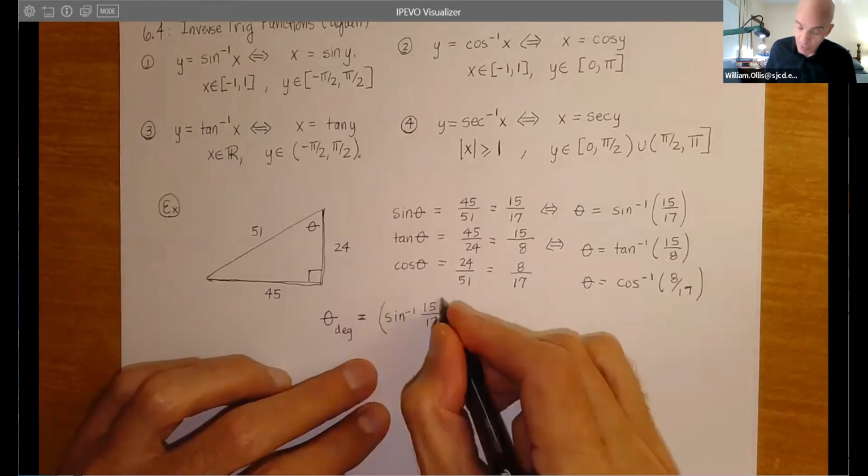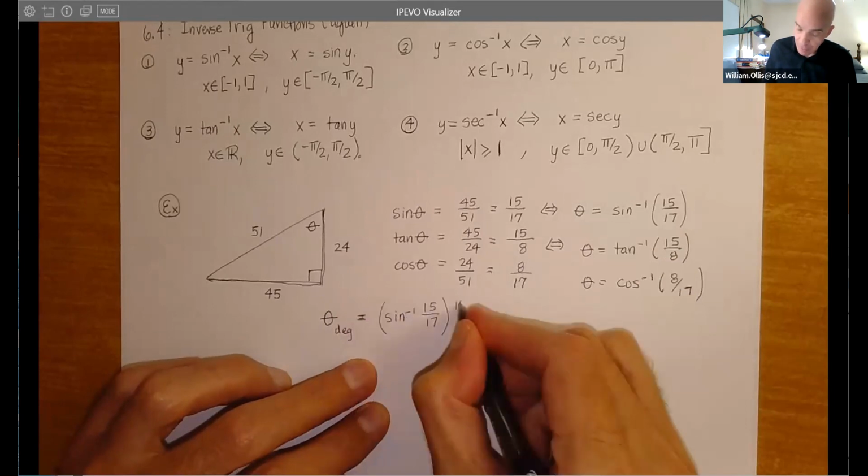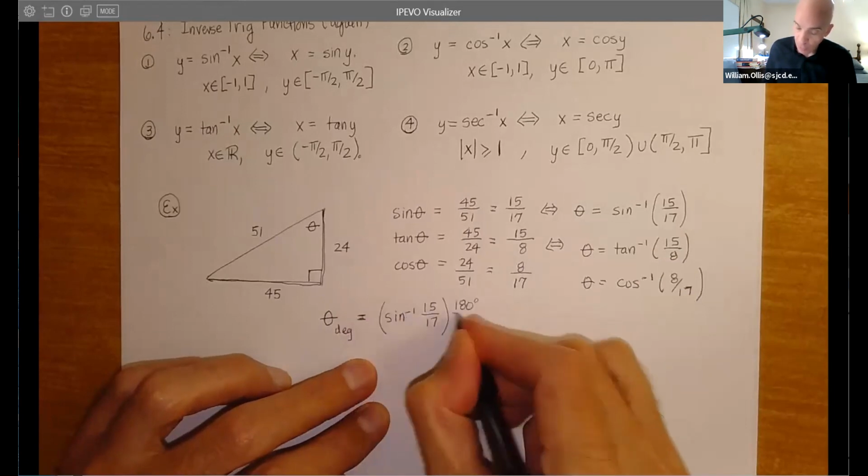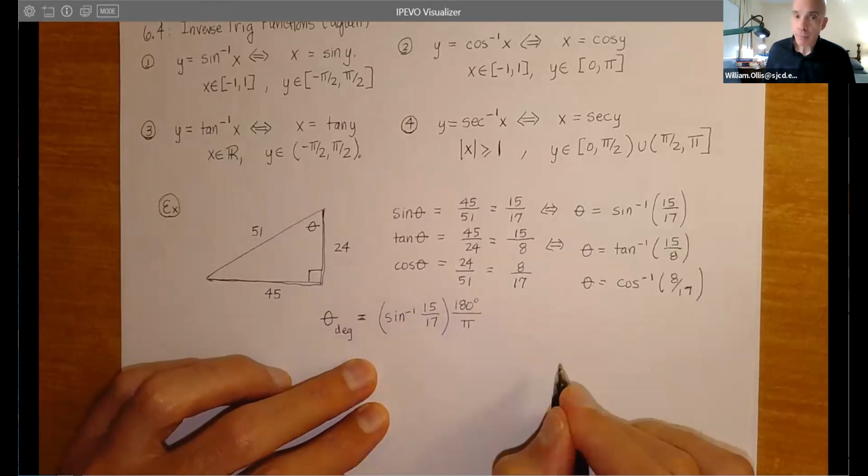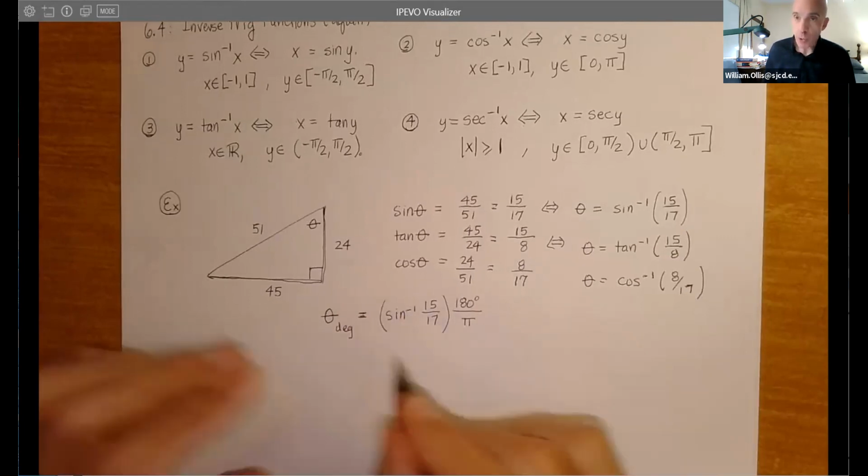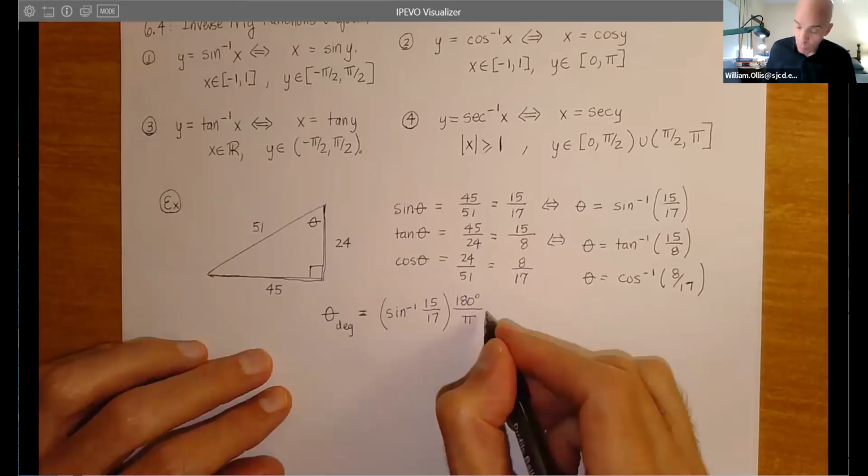And then, of course, we would convert to degrees using the conversion factor. So that would be one way to do it.